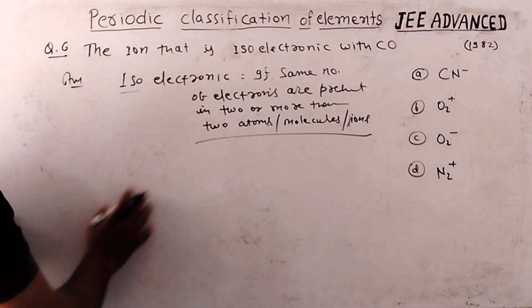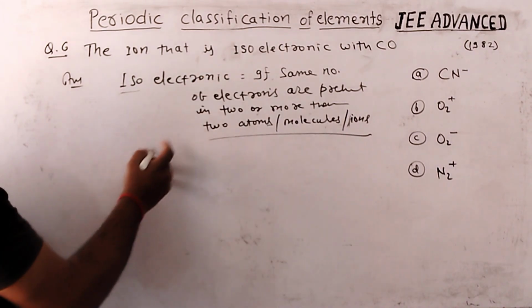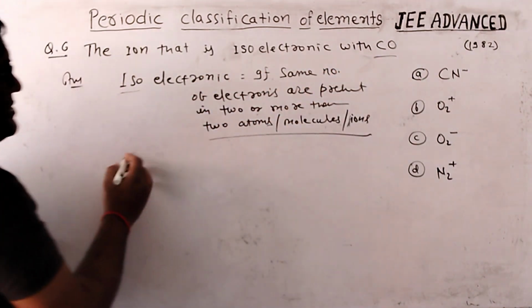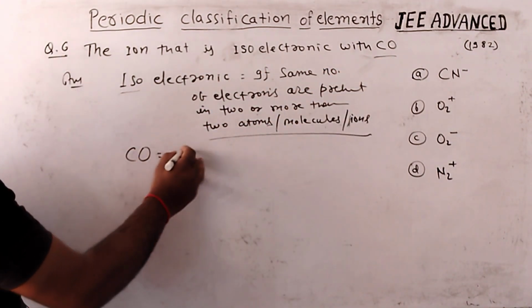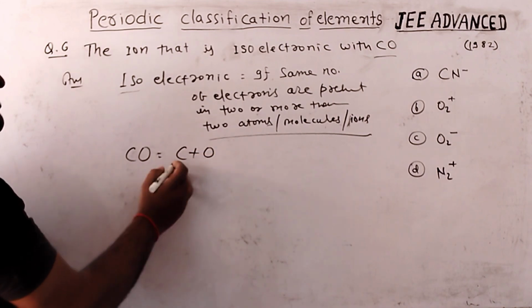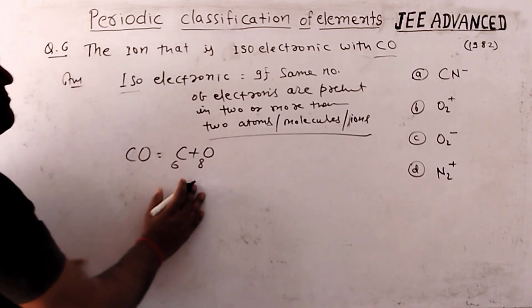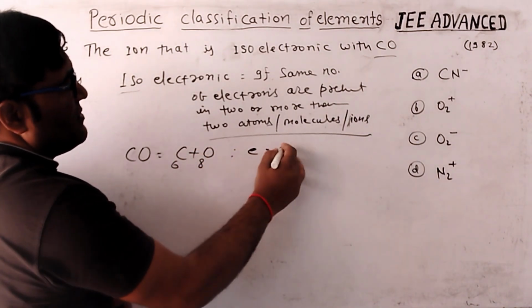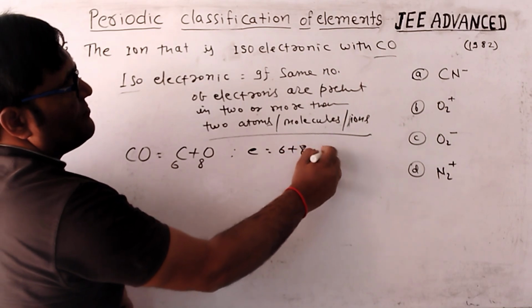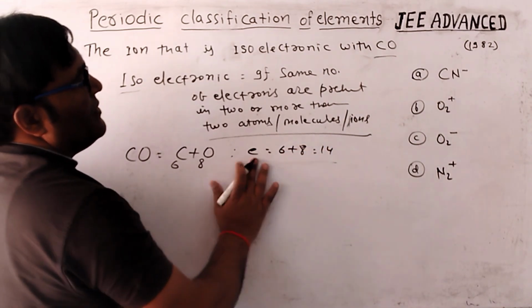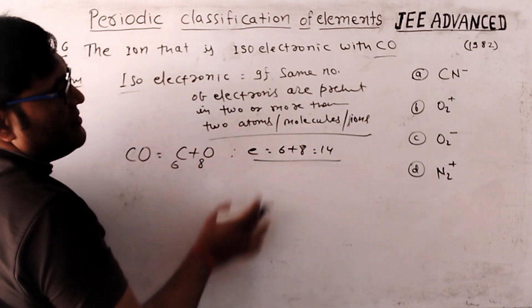Now in the question CO is present, carbon monoxide, atomic numbers 6 and 8, so the number of electrons is 6 plus 8, 14. Now we can check these options.